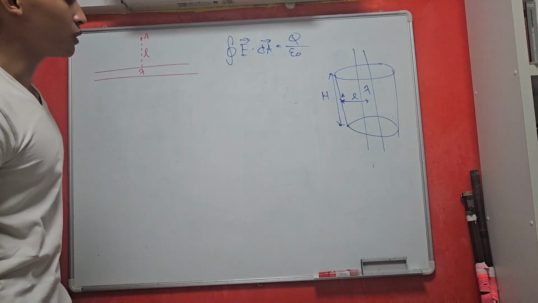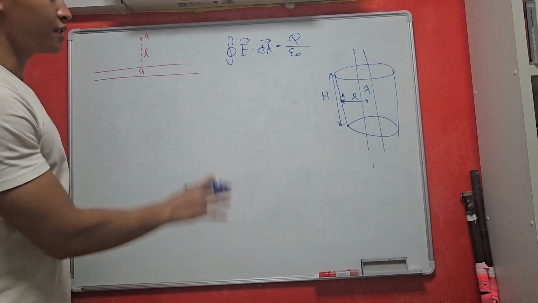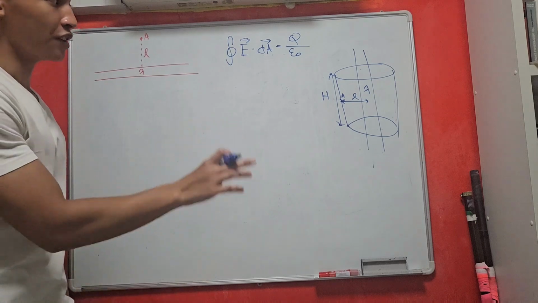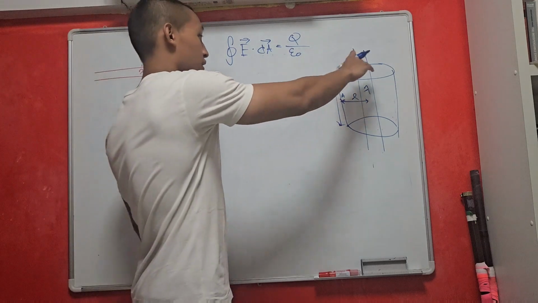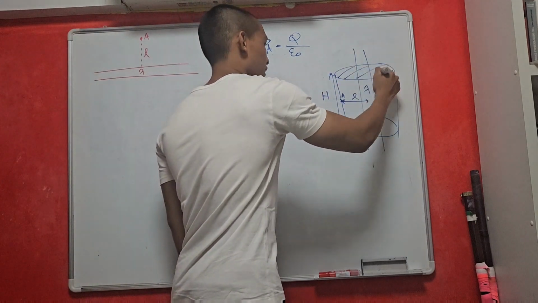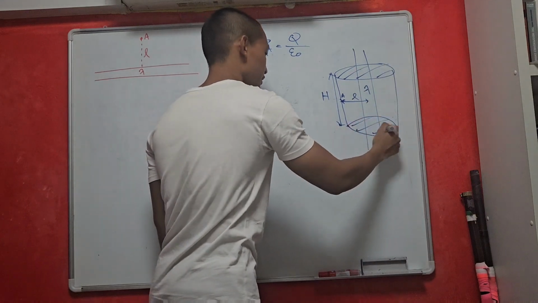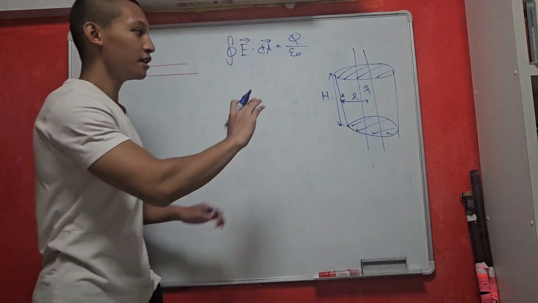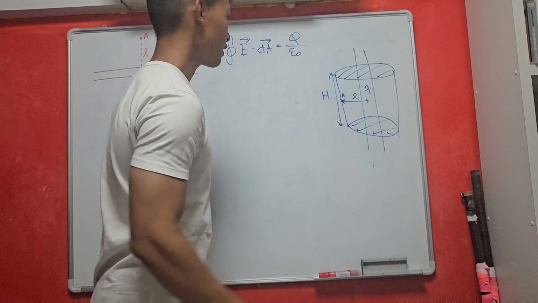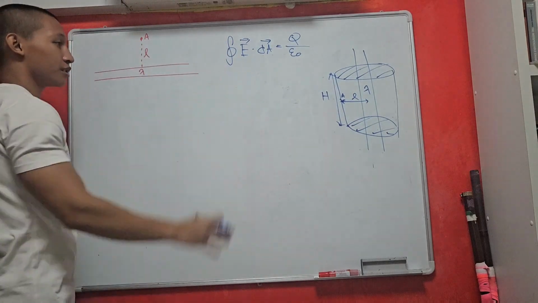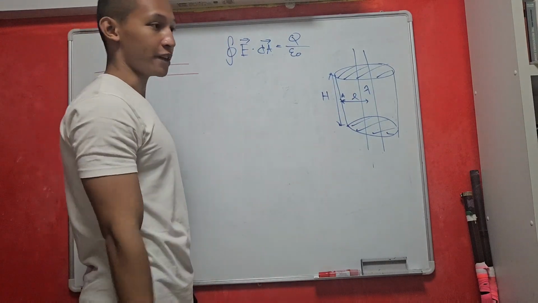Now, if you take a look at this Gaussian surface, it is made up of two kinds of surfaces. The first is the flat surfaces, and the second is the rounded or curved surface. So for us to actually use Gauss's law, we have to write two expressions.